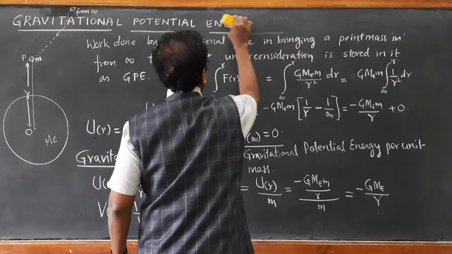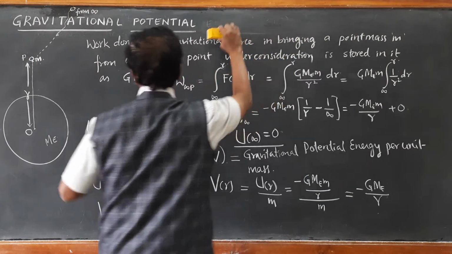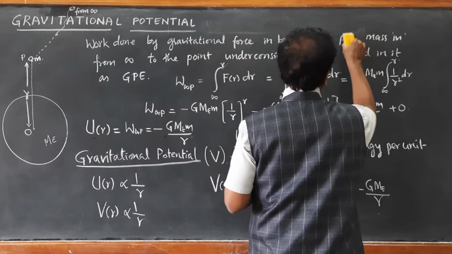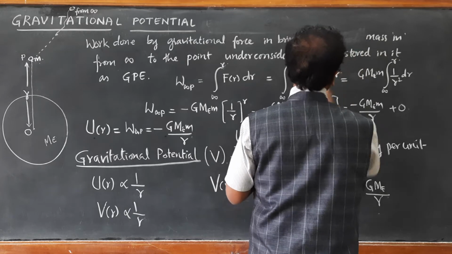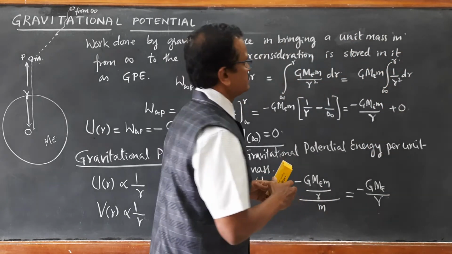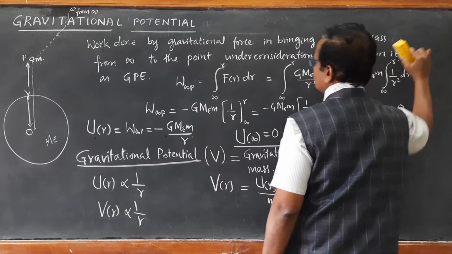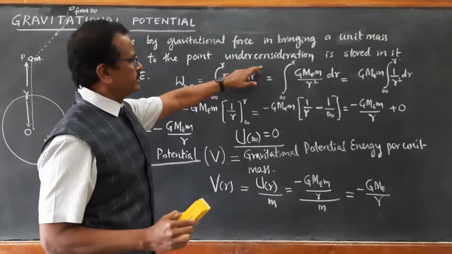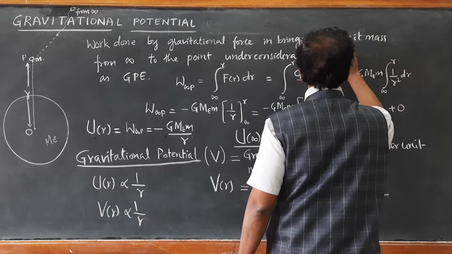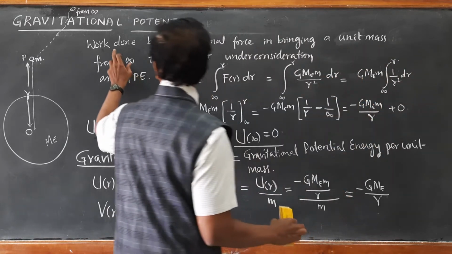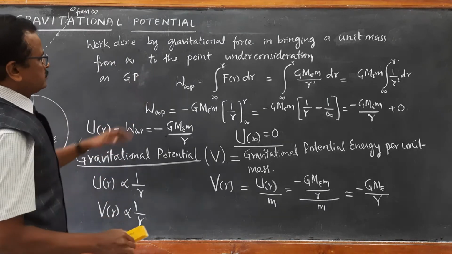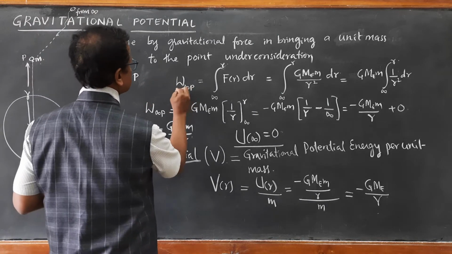I will just take out this energy, so I will make it gravitational potential. Work done by gravitational force in bringing a unit mass, or you can write per unit mass, both are the same, from infinity to the point under consideration, that is called gravitational potential. So gravitational potential is work done per unit mass.